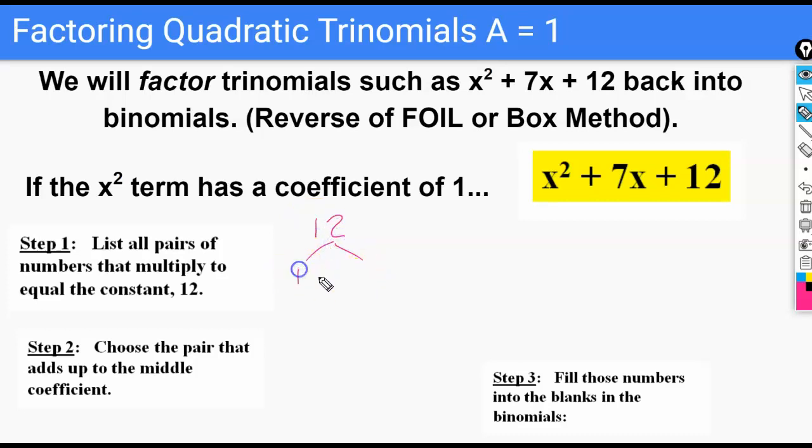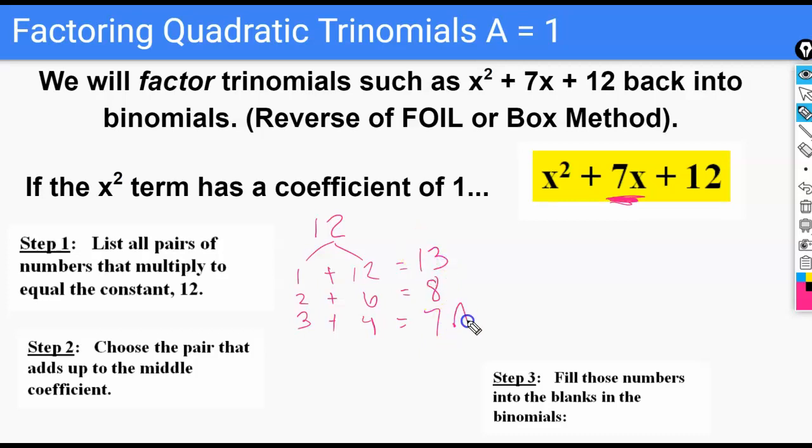So pairs of numbers that multiply to equal 12. And it's positive 12. So 1 and 12, 2 and 6, 3 and 4. And we want to choose the pair that adds up to equal the b. So which of these actually adds up to equal 7?